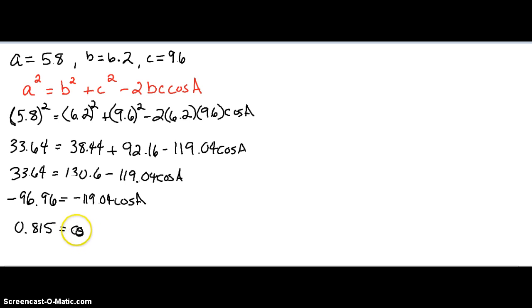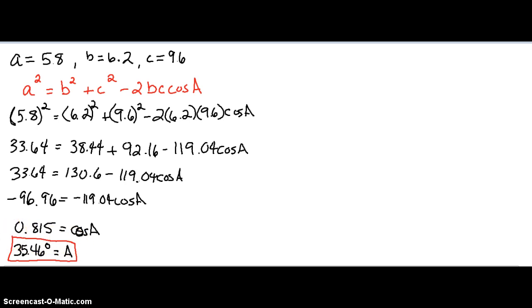And now I want to peel off this cosine from A. To do that, I'm going to take the arc cosine of both sides. And if I do that, that's going to give me 35.46 degrees. And that's what angle A is going to be equal to. So we'll hang on to that number.